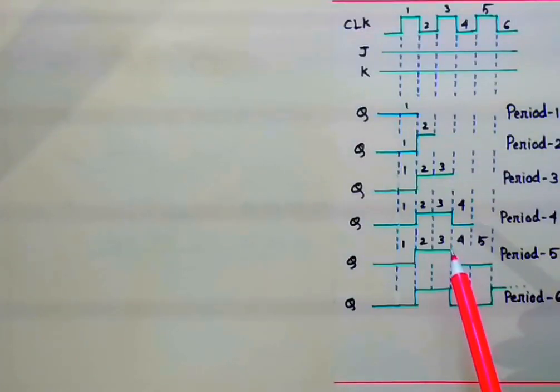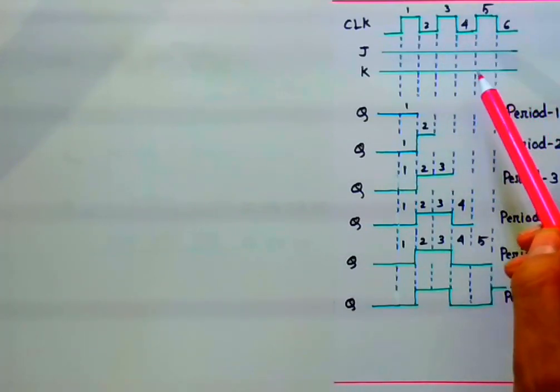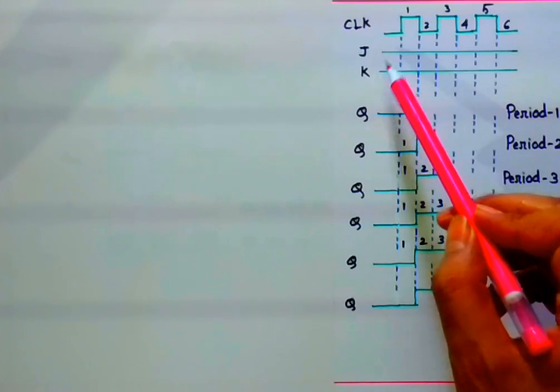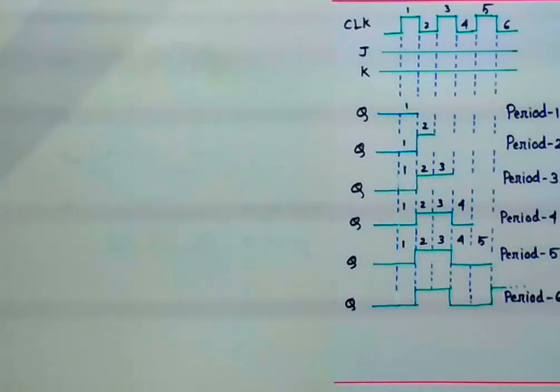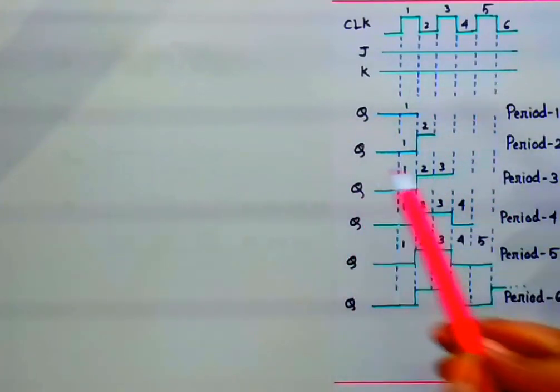Now in this timing diagram, I have summarized all my previous results. That is your clock signal. It has a total of 6 periods, and we know that for the whole operation the J and K values are always equal to 1. That is the output for period 1.